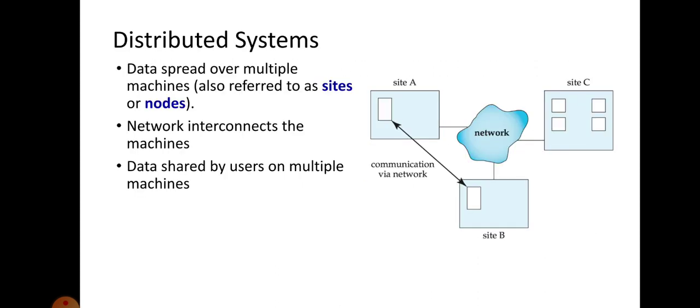So now the topic is the distributed system. What is a distributed system? A distributed system means that the databases are distributed in different geographical locations. So you see here three sites: site A, site B and site C. These are three locations which may have servers, and they are interconnected through some network.